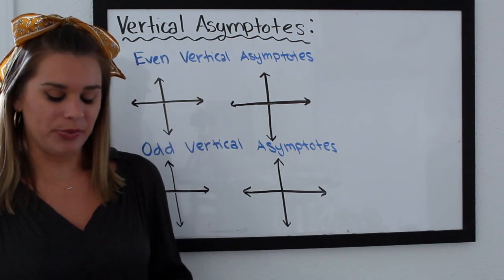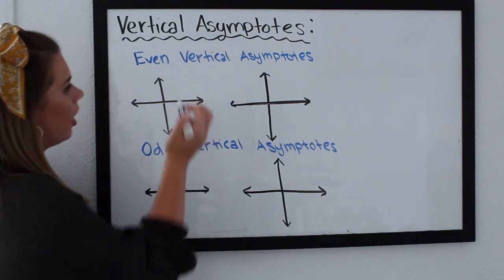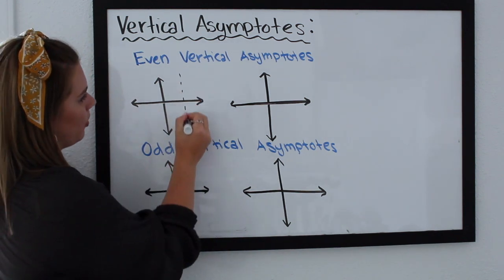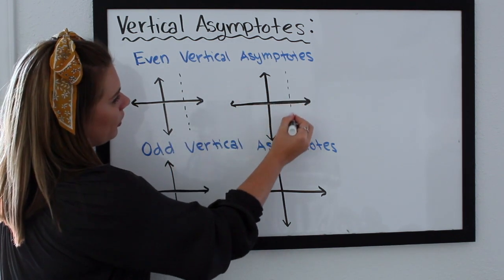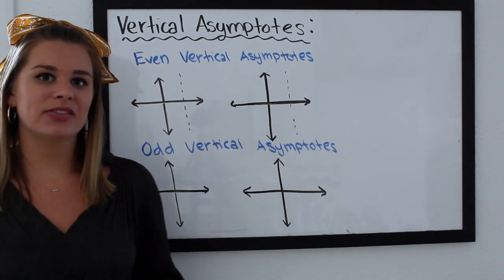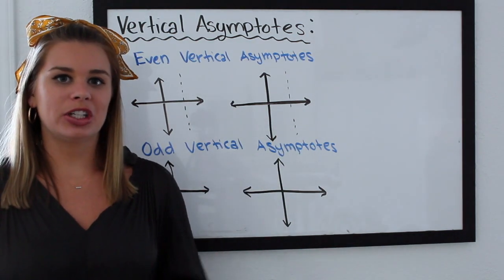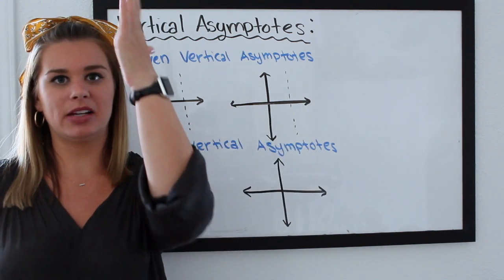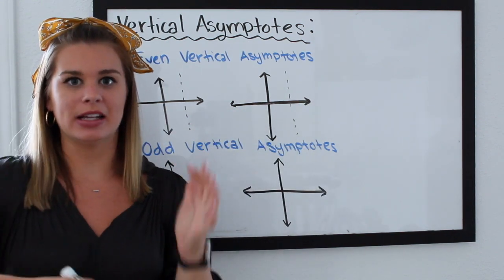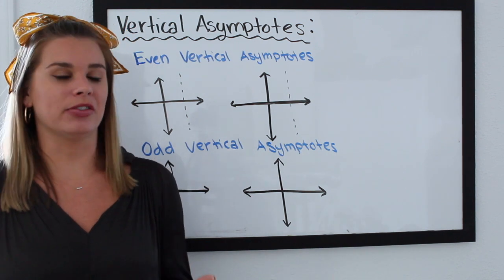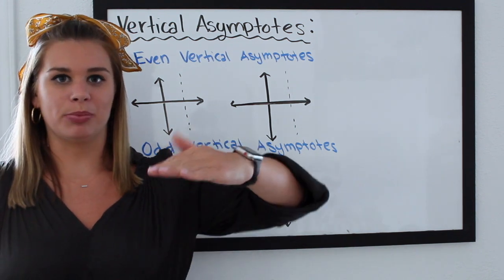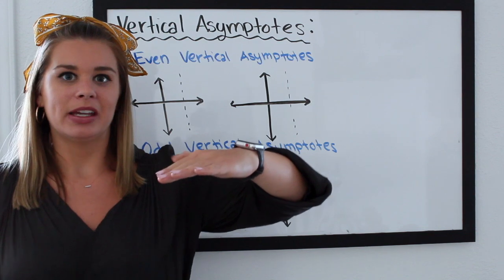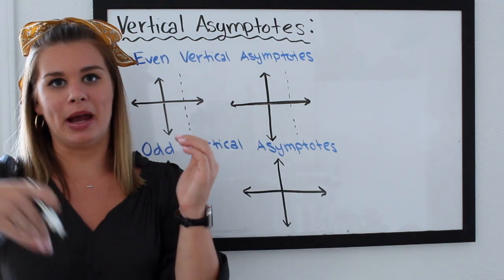Then what we need to do is actually draw where our vertical asymptote might be. A vertical asymptote is any x value that when your function moves towards it, it goes off to either positive infinity or negative infinity. Another way to phrase it is as your function approaches that x value, it becomes unbounded.